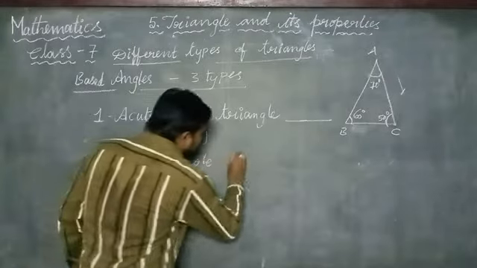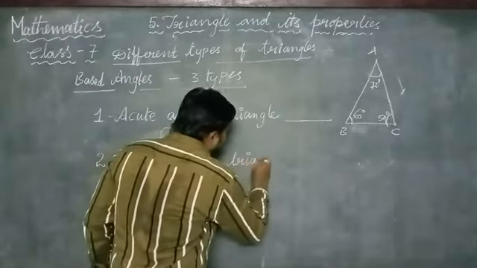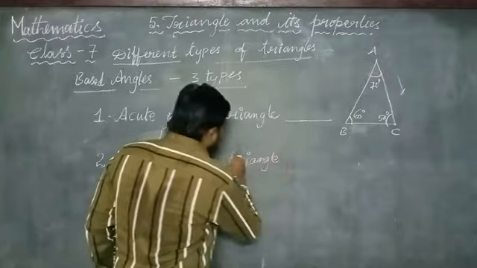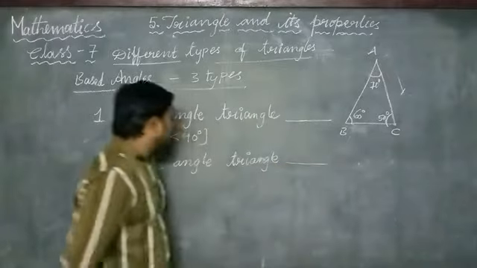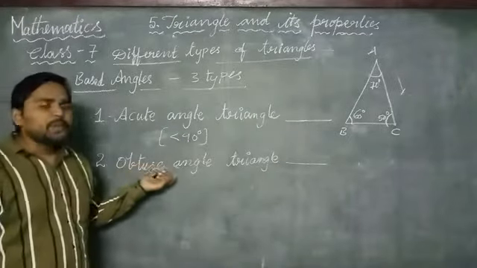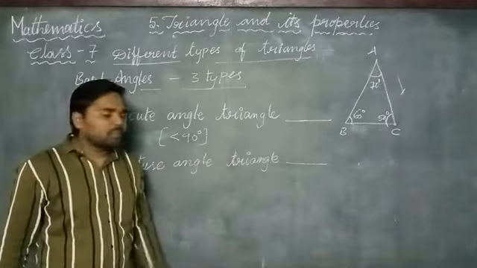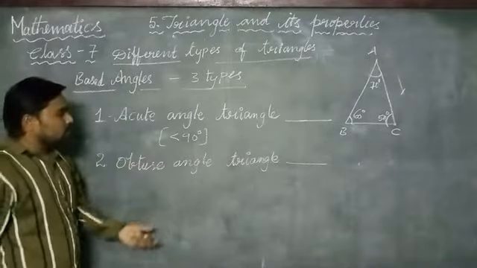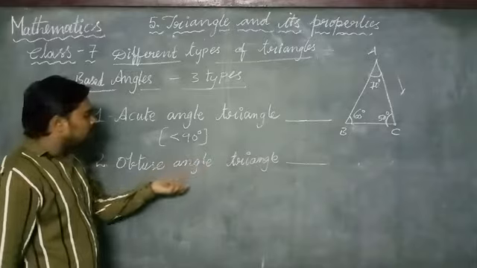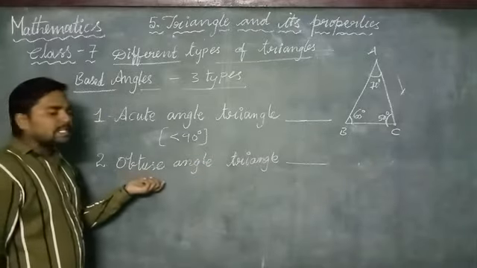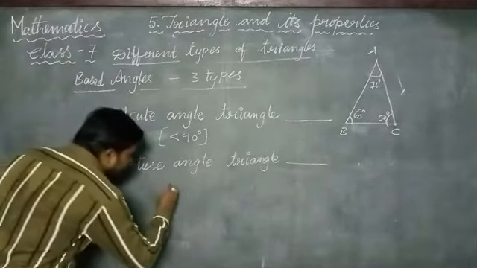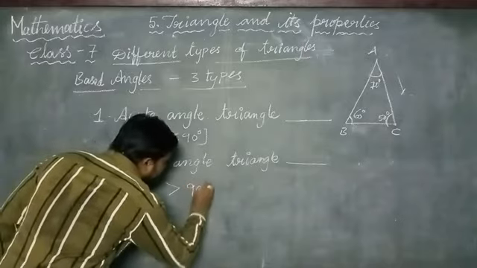Obtuse angle triangle. Before we see this type of triangle, we should know the meaning of obtuse angle. Obtuse angle means greater than 90 degrees.